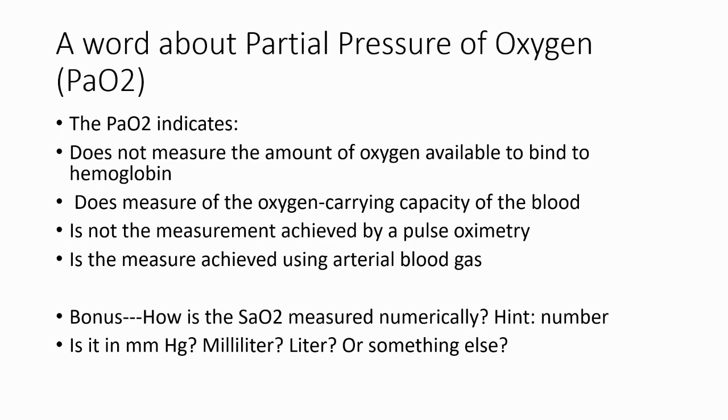So here's a bonus. How is this SaO2 measured numerically? You have a hint, number. Is it millimeters of mercury, milliliter, liter, or something else? I'll let you think on that a minute, and we'll discuss it in class.